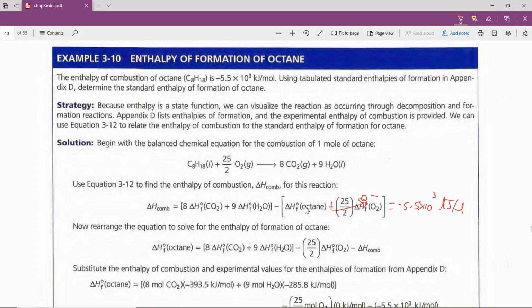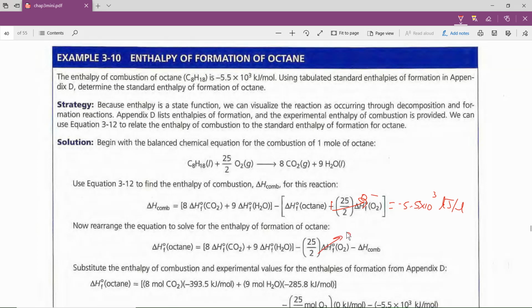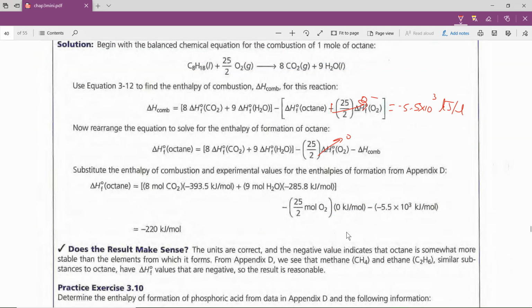So I'm going to isolate. So delta H naught of formation of octane is going to be 8 times heat of formation of CO2 plus 9 times heat of formation of H2O minus the heat of combustion. Again, this part here is 0. Plug in the values. Enthalpy of combustion was given in experimental values from the Appendix D, and you get minus 220.